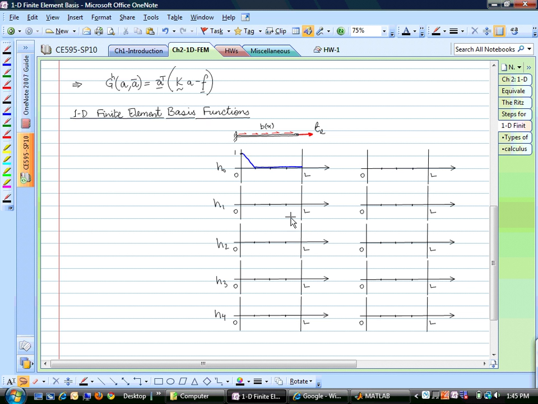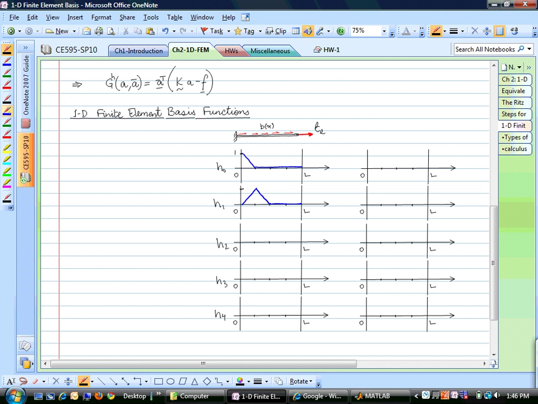Okay. So just to keep things simple for today, we'll choose that we have divided it into 4 equal parts, but obviously we can divide it into any number of parts. So the second function is this function that goes to 1 at this point, and it's 0 everywhere else. Okay.